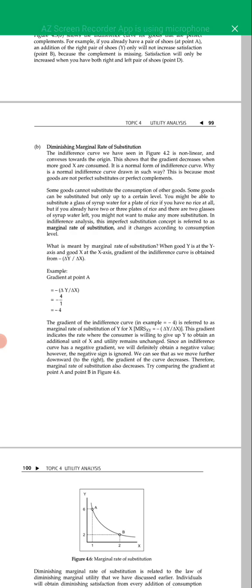So the law states that as the consumer increases the consumption of one good, e.g. x, the marginal rate of substitution declines. Okay, so that is all about that.